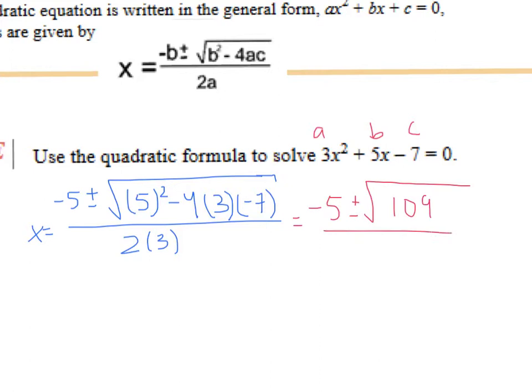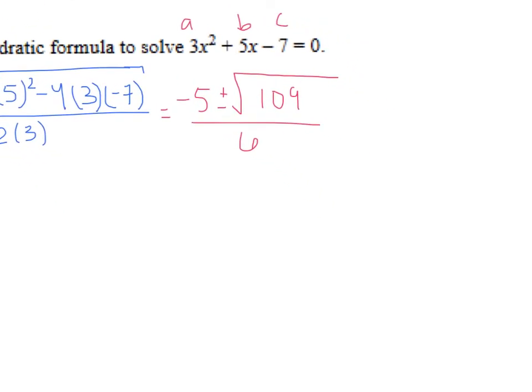And then divided by 2 times 3, which is 6. Okay. Now we're going to go a step further here and take the square root of 109. And when we do so, we get about 10.44. So we have negative 5 plus or minus 10.44 all over 6.